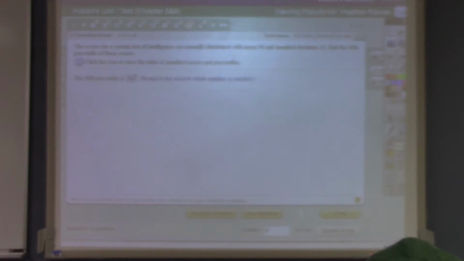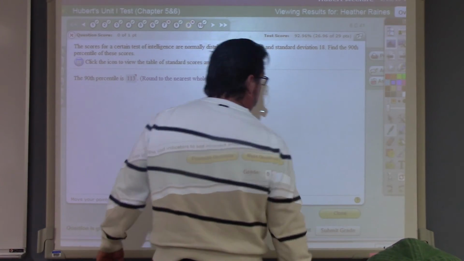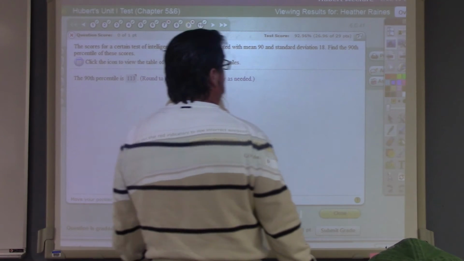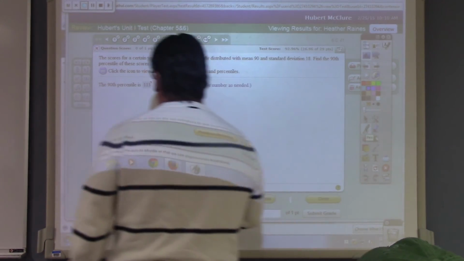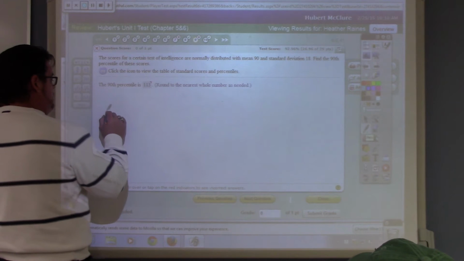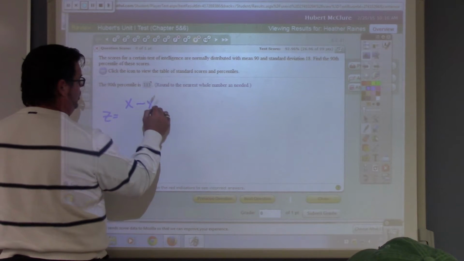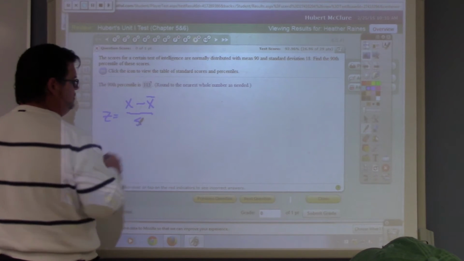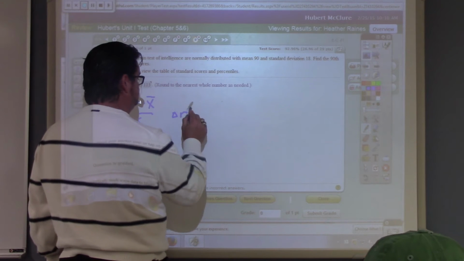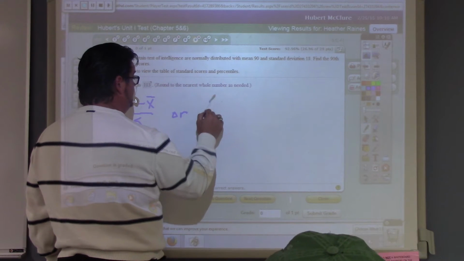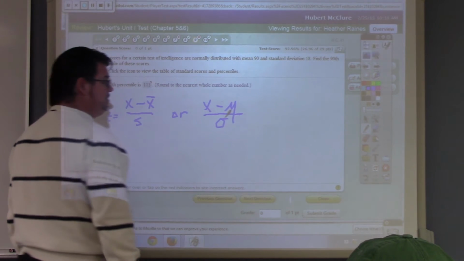You didn't show us that. Well, you had it. Bring it down a little bit, Dana. z is equal to x minus x bar over standard deviation. Okay? Or x minus μ over σ.